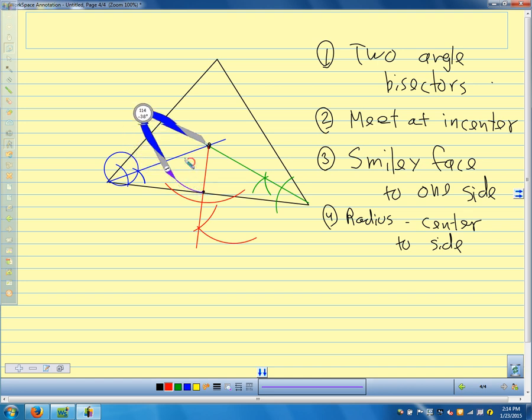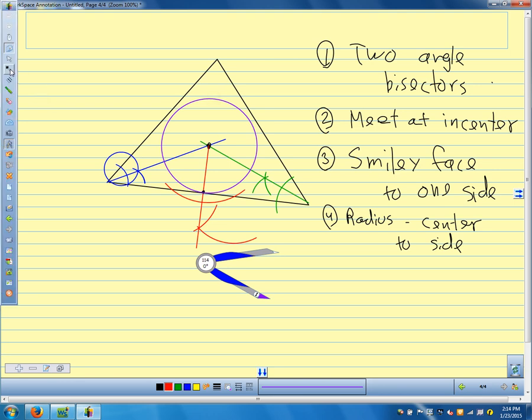If I do it perfectly, it should touch. Just missed there and I just missed there. Darn. It should perfectly touch all three sides of the triangle. But we got pretty close there. So the purple circle is the inscribed circle. If we do it perfectly, it touches each of the three sides.